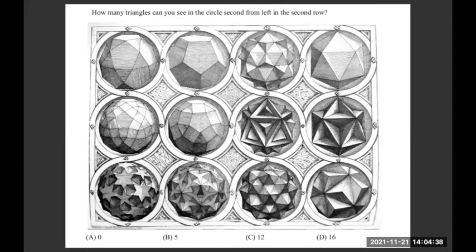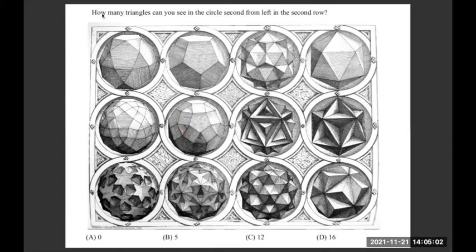Can anybody tell me which circle am I talking about? It's not a three-dimensional figure which you have to think about. It's a two-dimensional figure. Yes, very good, Maria. That's the one which we are talking about. So in this case, how many triangles are present?